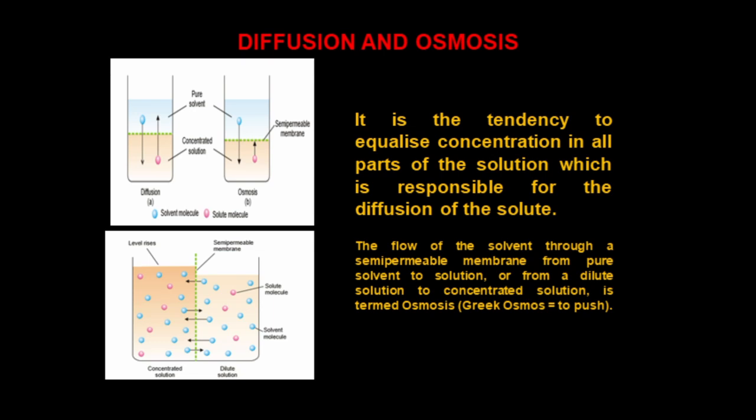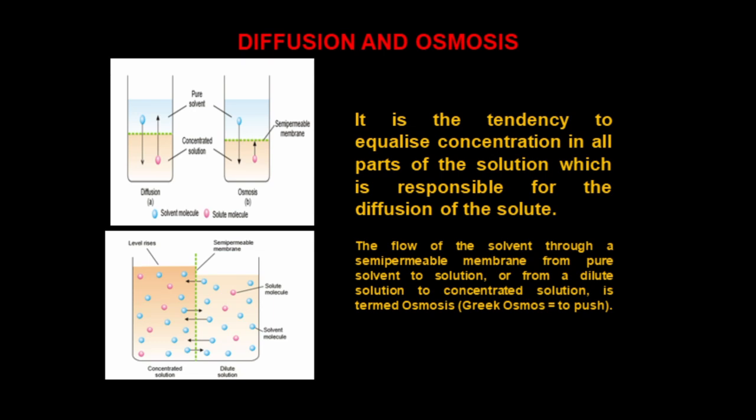And this is indicated in this figure when the dilute solution and concentrated solution are separated by a semi-permeable membrane placed vertically. The solvent molecules are allowed to move from the dilute solution to the concentrated solution, as well as from the concentrated solution to the dilute solution. That is, the semi-permeable membrane allows only the solvent molecules to move through it.